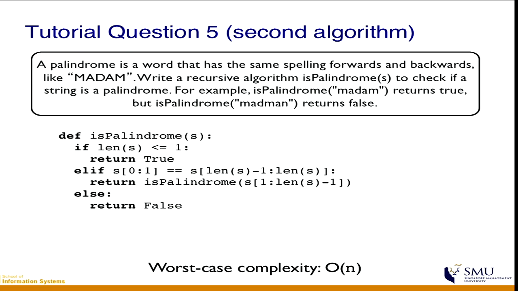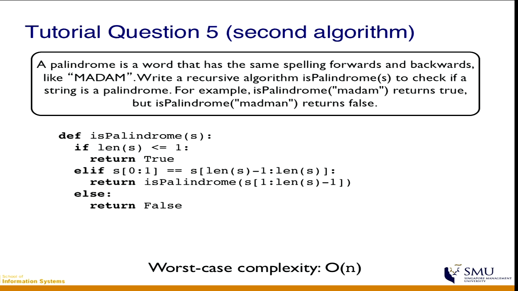In this case, what you do is to take the string S, right? So we're going to compare whether the first letter is the same as the last one. Now if they're the same, then you carve a smaller subarray that is in the middle of that by slicing off the first one and the last one, and then check again whether it's still a palindrome.